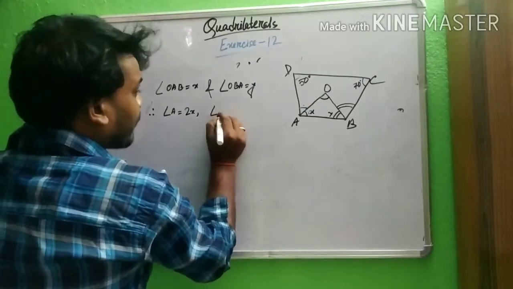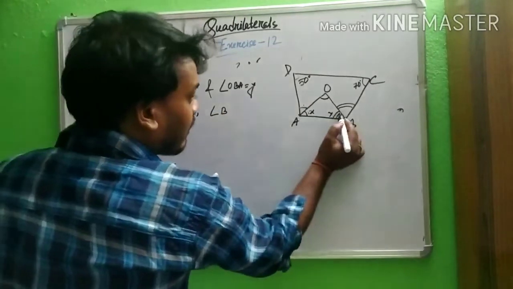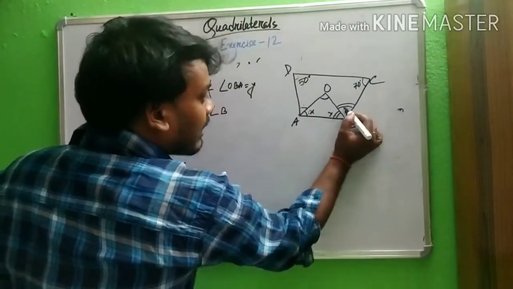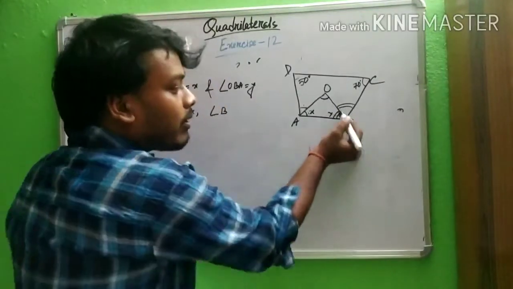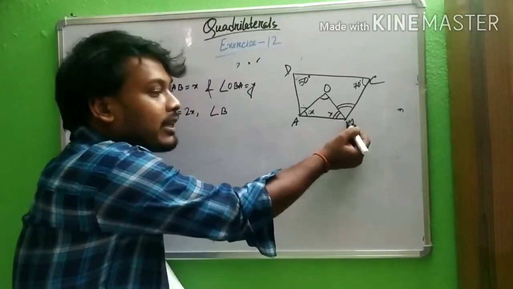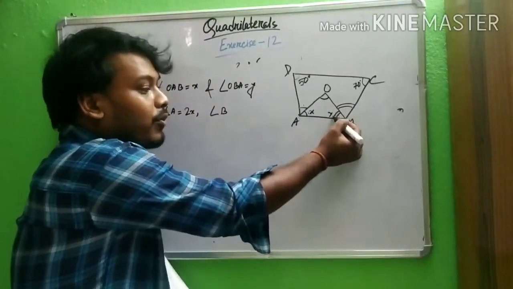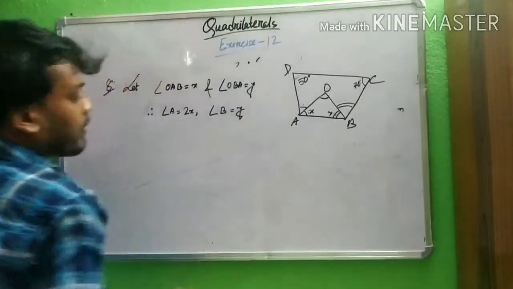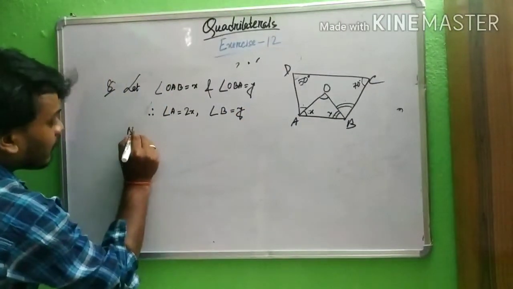And the value of B is similar. If the value of this angle is Y, then this one is also Y, because OB is the bisector of B. So the total value is Y plus Y.